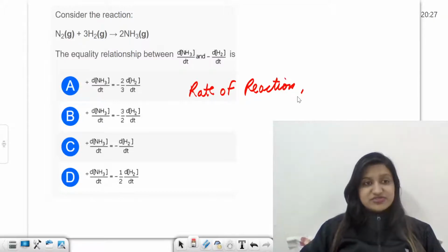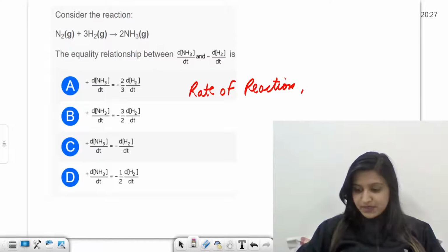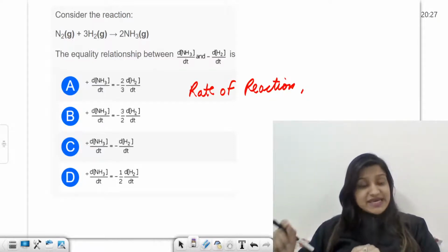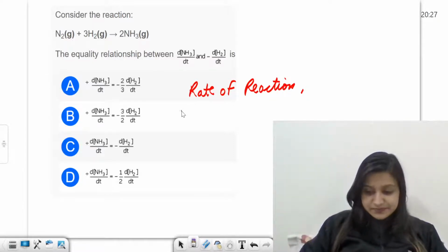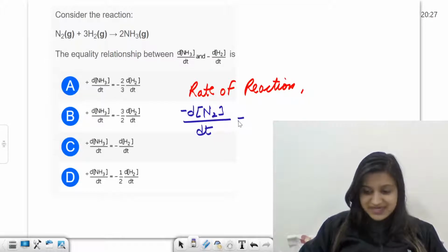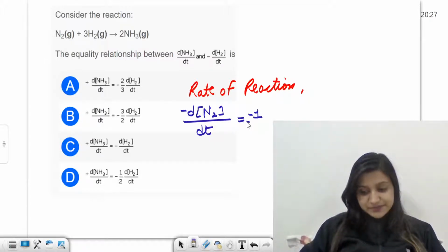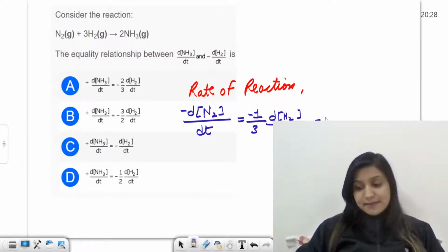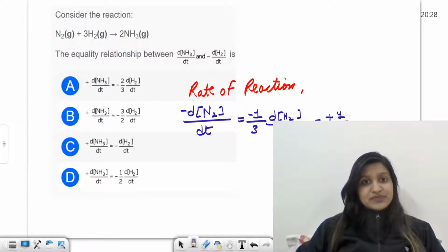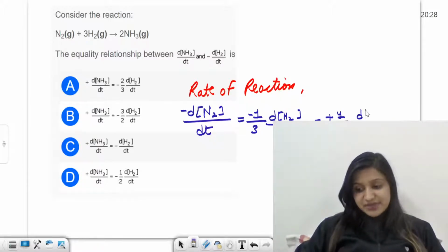The rate of reaction will be minus dN2 by dt, which is equal to minus 1 by 3 dH2 by dt, and this will be equal to plus 1 by 2 dNH3 by dt.